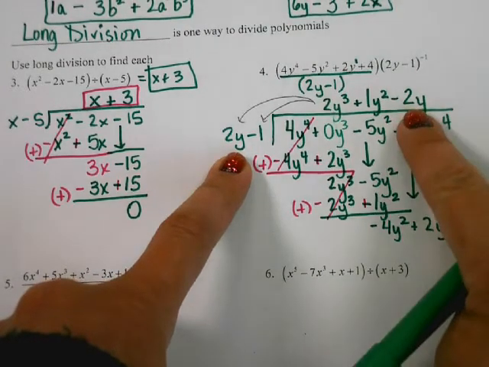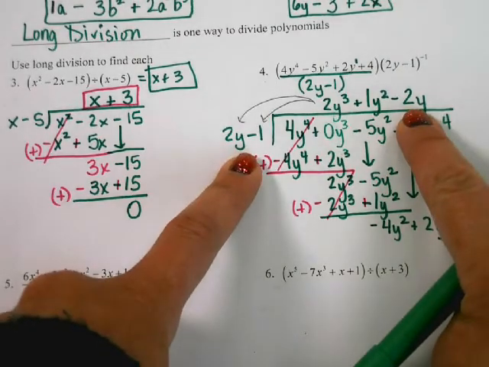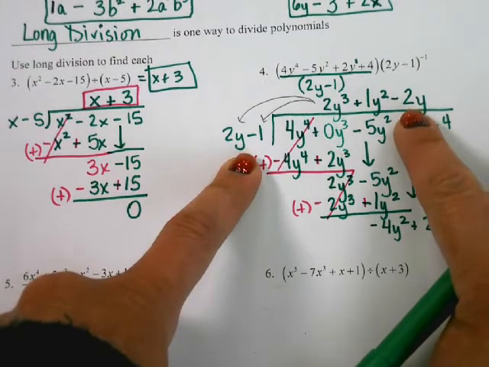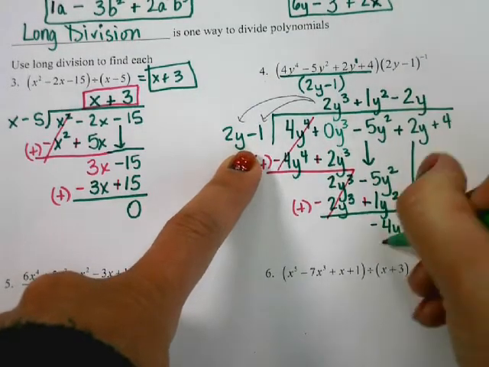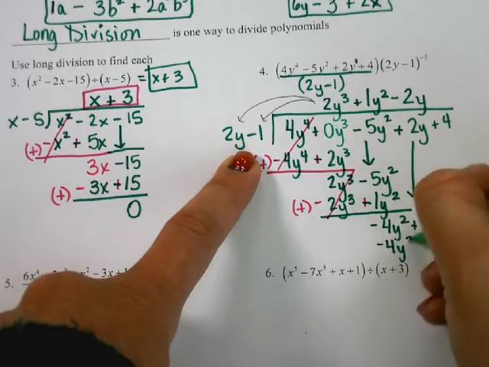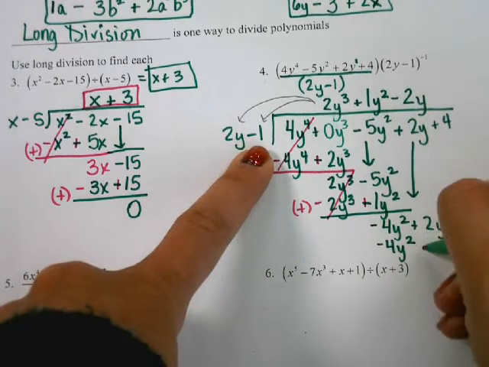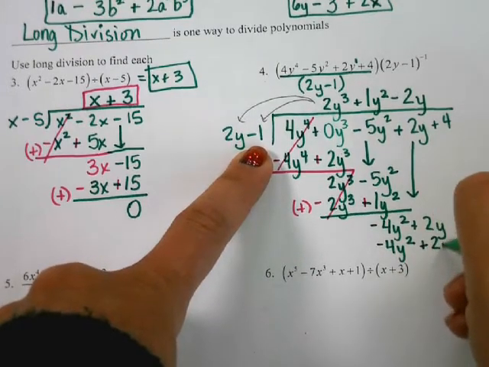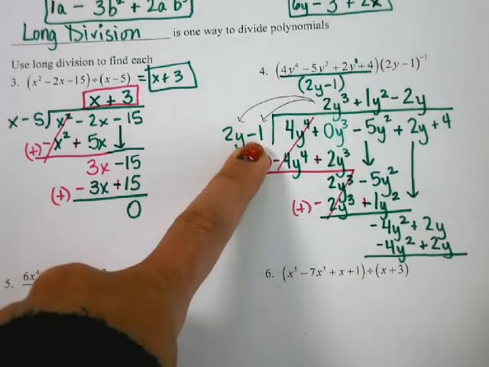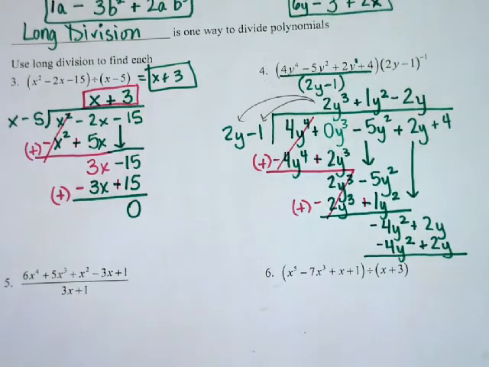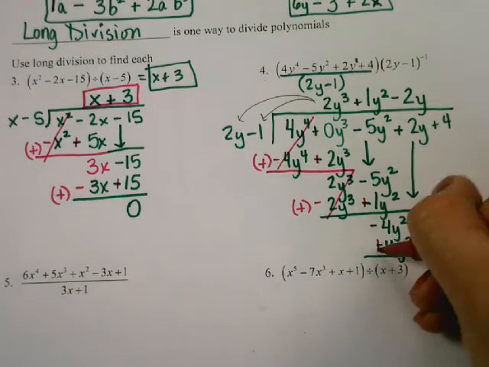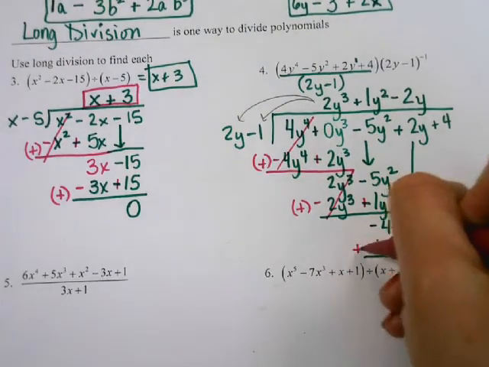Okay, multiply the new guy on top by everything out front. Negative 2y times 2y is negative 4y squared. Negative 2y times a negative 1 gives me plus 2y. Okay, flip, flip, add them together.